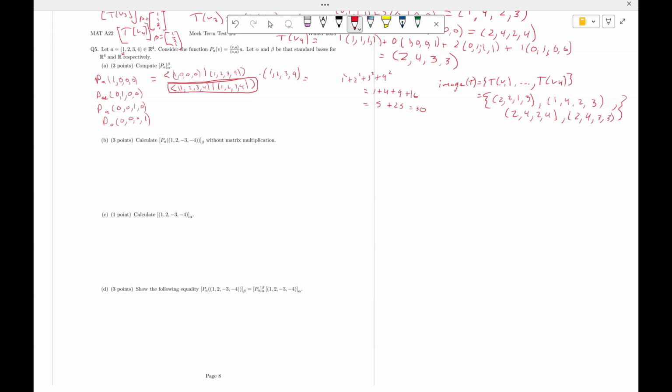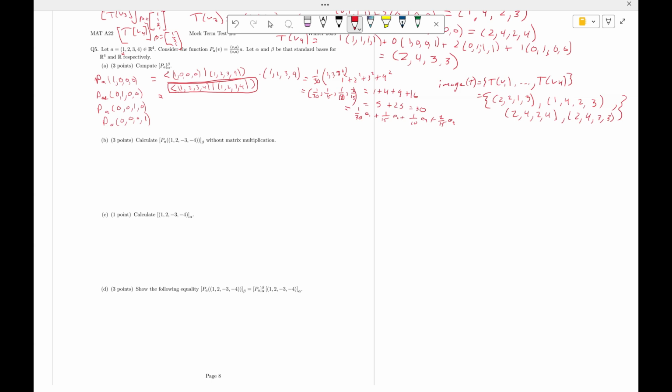So this is going to equal 1/30 of 1, 2, 3, 4, which equals 1 over 30, 1 over 15, 1 over 10, and 2 over 15. So this here is going to equal 1 over 30 E1 plus 1 over 15 E2 plus 1 over 10 E3 plus 2 over 15 E4.